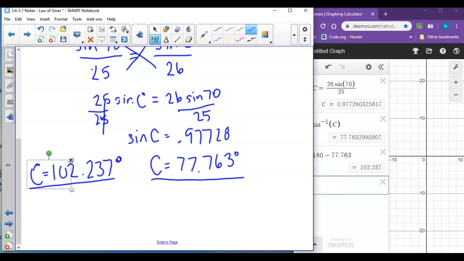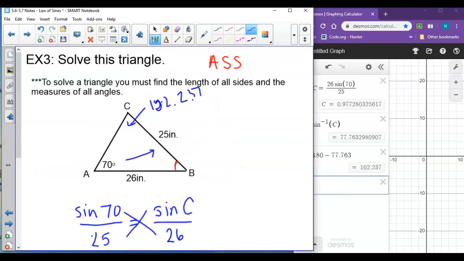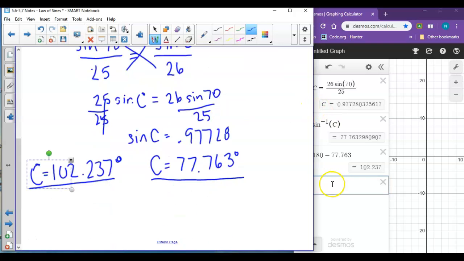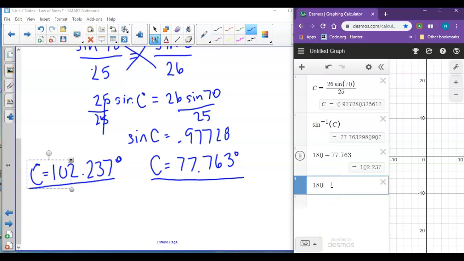Now, I'm not done with this problem because it asked me to find all the angles and all of the sides. So I've still got to find angle B and side B. Angle B is very simple to find because all I've got to do for angle B is say 180 minus 70 minus 77.763, and that's going to give me 32.237.